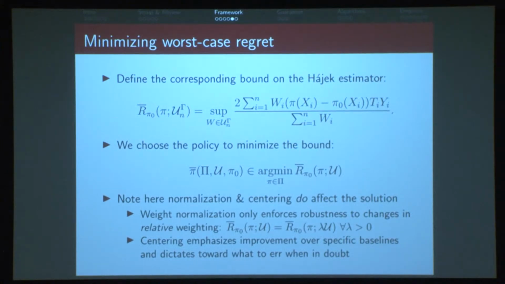And centering around pi naught emphasizes improvement over particular baselines. If the W player is completely unrestricted, right, then I'm afraid that this ratio could be positive, but I can always make it 0 if I play pi naught. If I play pi naught, my regret is 0. Okay? So that really changes what the solution is, choosing what pi naught to put here.